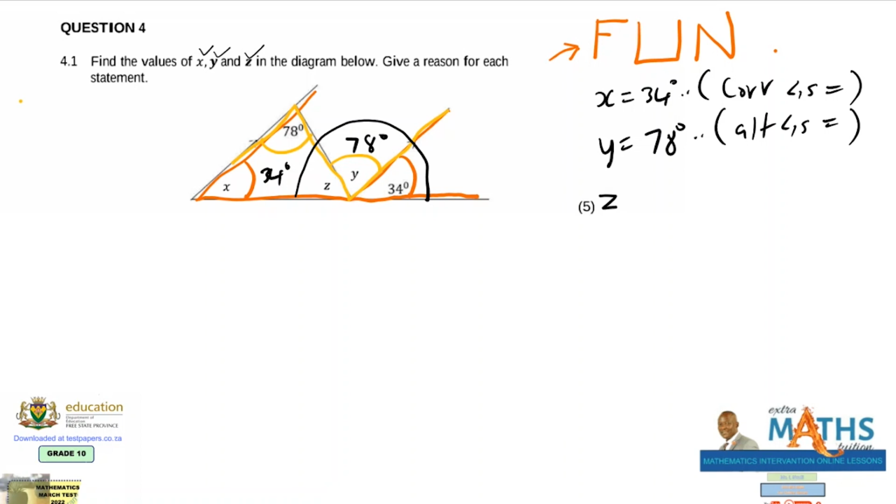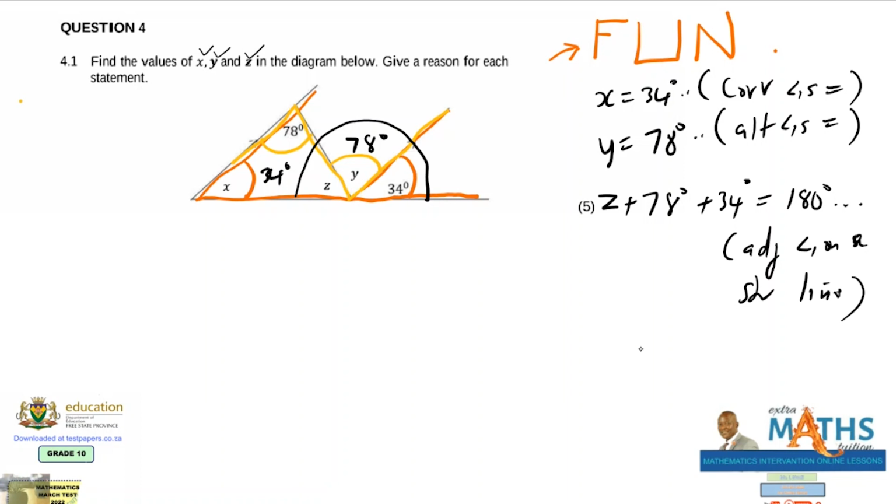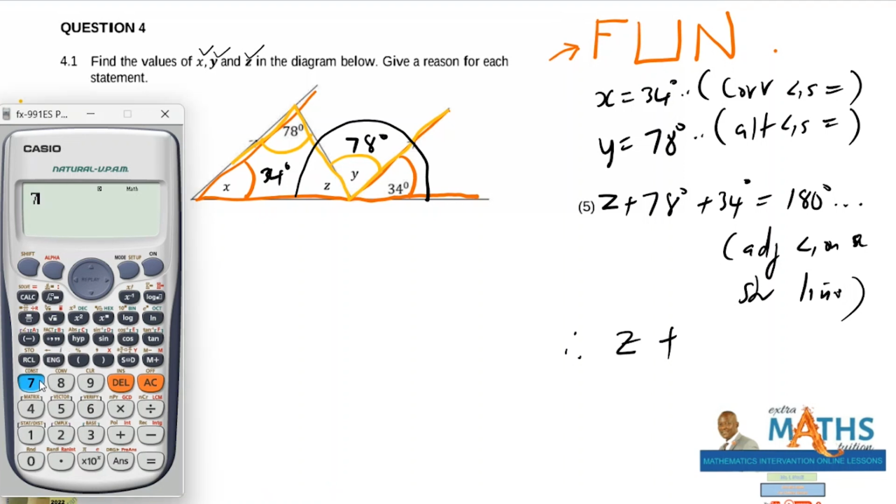It means if I say z plus 78 degrees plus 34 degrees, it's equal to 180 degrees exactly. Why we say so? It's because it's adjacent angles on a straight line. Right, therefore, z plus, let us add 78 plus 34.